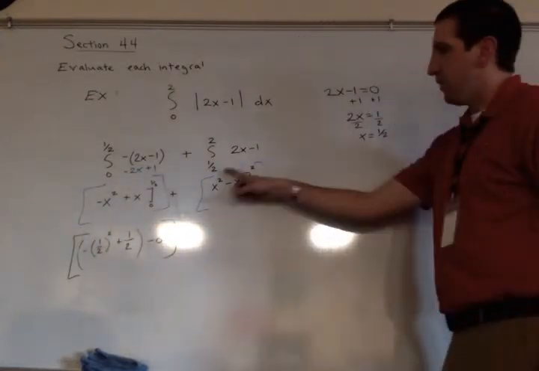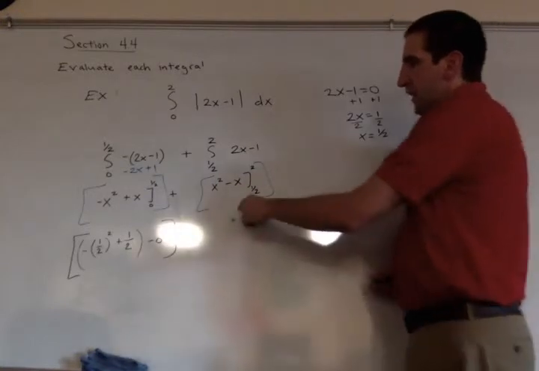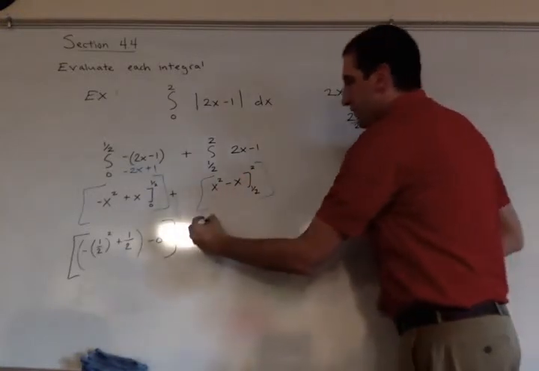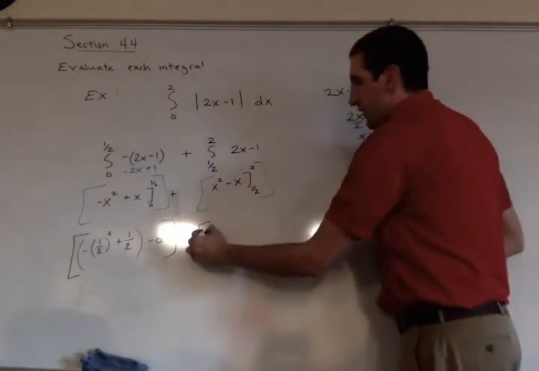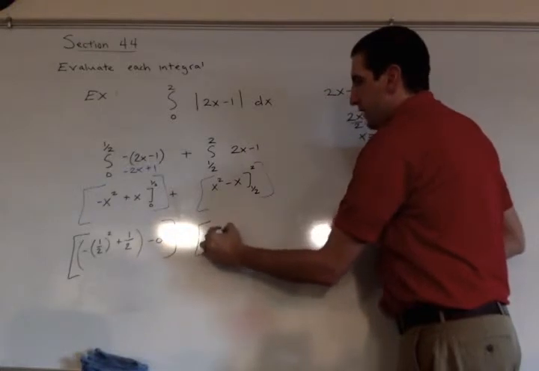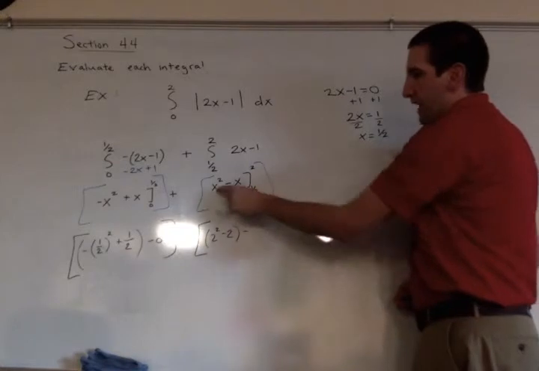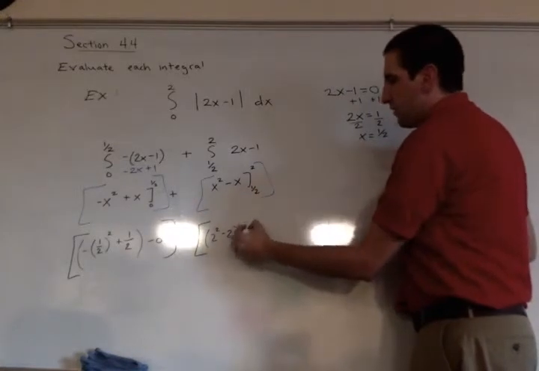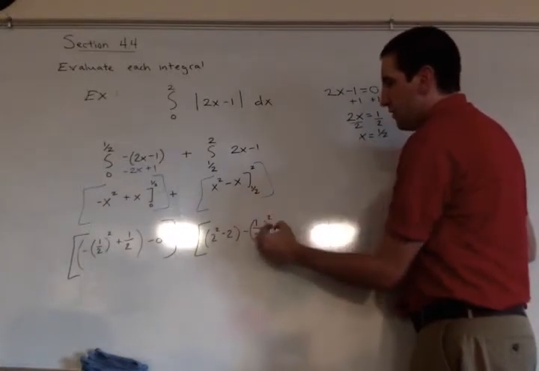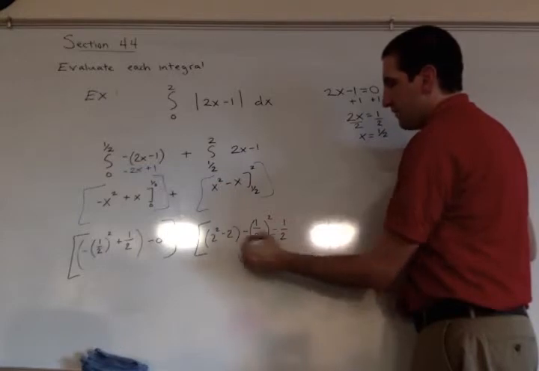If we work on this part over here, we can put 2 in for x, so I'd have 2 squared minus 2. Now minus the lower limit, put 1/2 in for x, 1/2 squared minus 1/2.